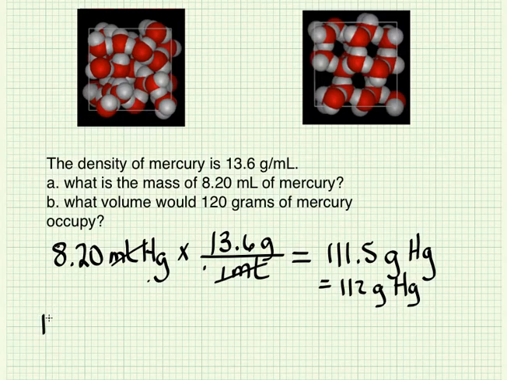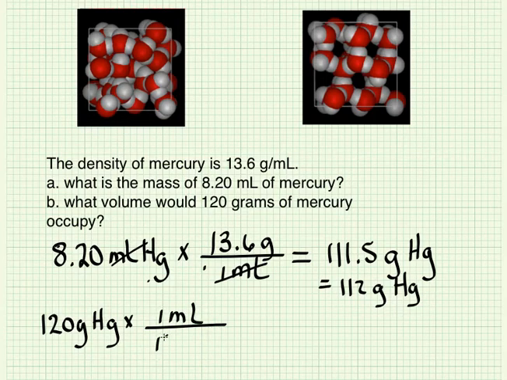All right, now let's do part B, and on part B, let's write down what we're given. We have 120 grams of mercury, and this time I want to find out the volume. Again, I'm going to use my density as a conversion factor, so I'm going to put 1 milliliter in the numerator and 13.6 grams in the denominator. We want to have labels for everything. Look at what happens to the grams of mercury.